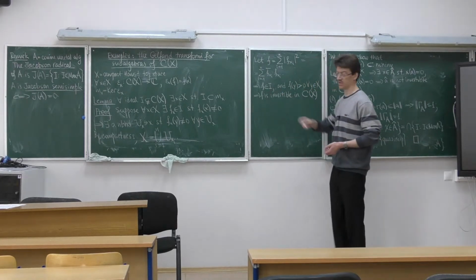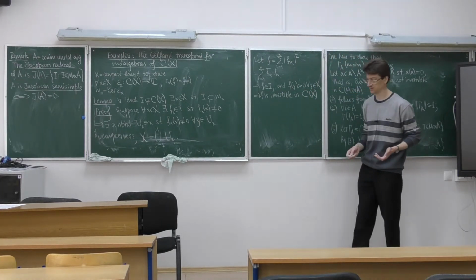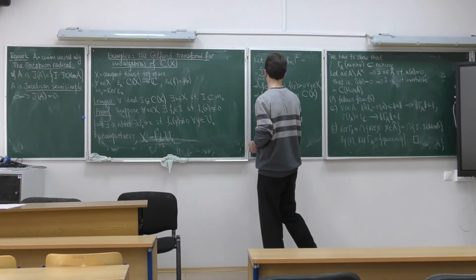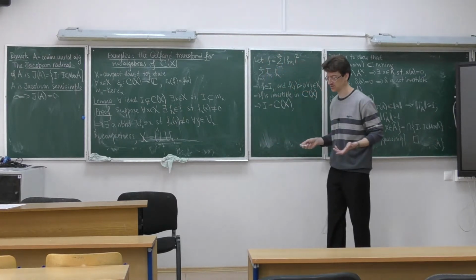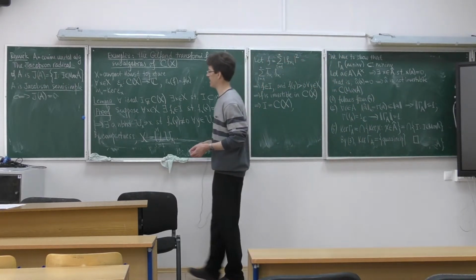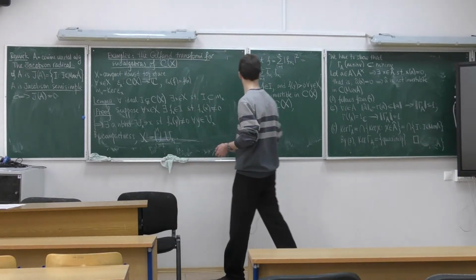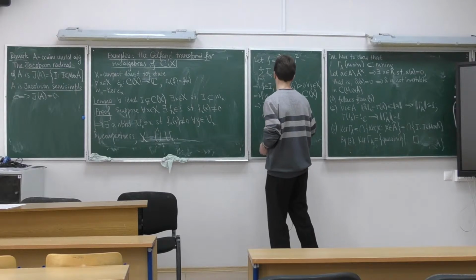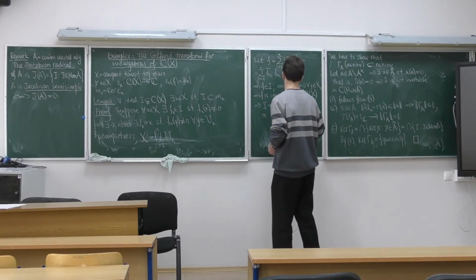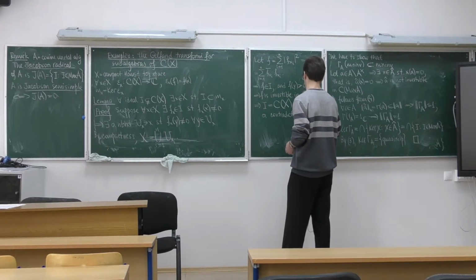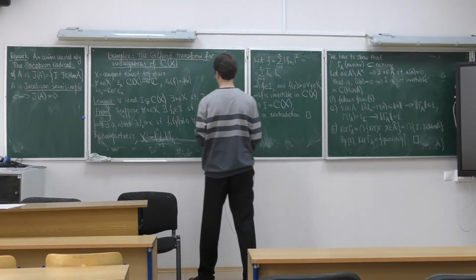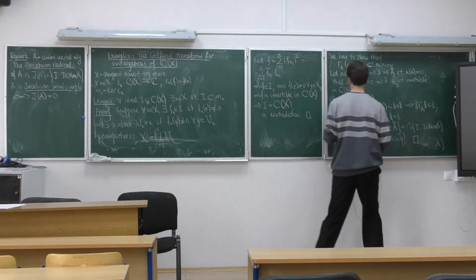So we see that our ideal I contains an invertible element. But this can happen only if I is the whole algebra, which is a contradiction, because I was assumed to be a proper ideal. So this contradiction completes the proof. It shows that for each proper ideal, there is a common zero in X.